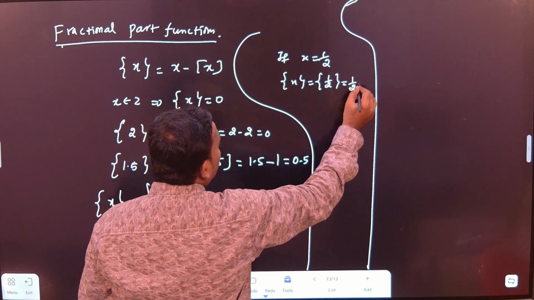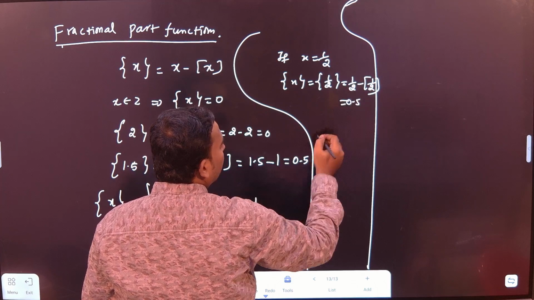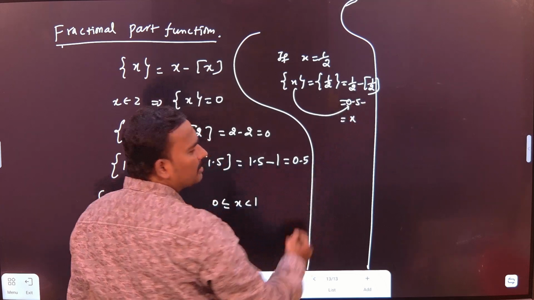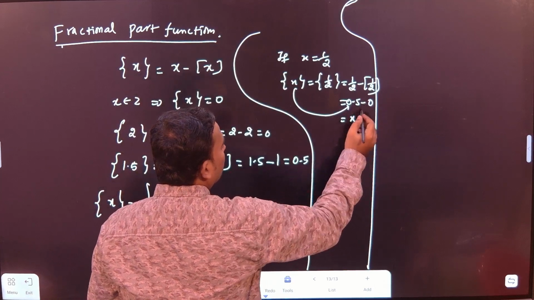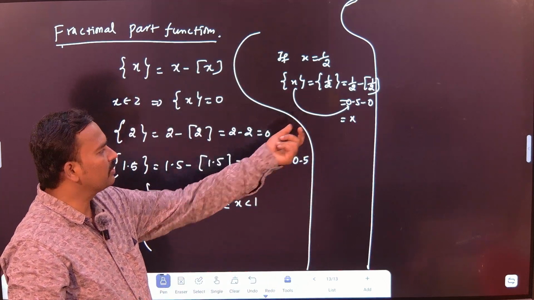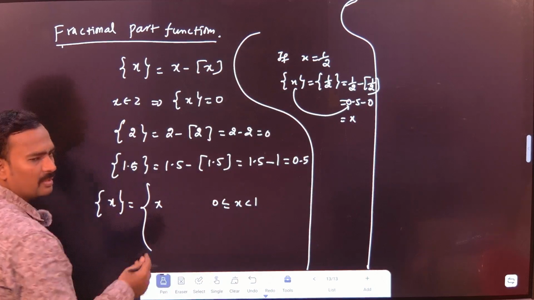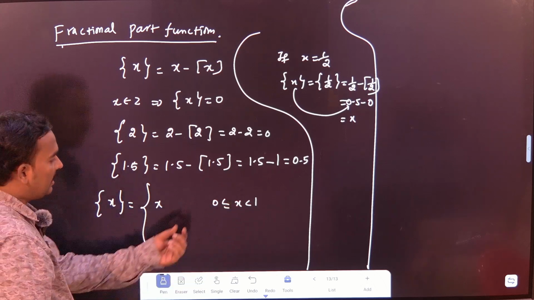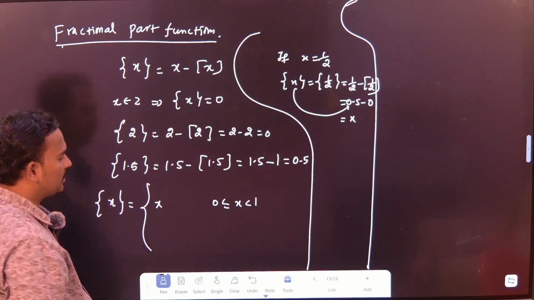It is 1 by 2 minus the greatest integer function of 1 by 2. 1 by 2 is 0.5, that is your x here, and the greatest integer function of 0.5 is 0. Therefore you get the same value. So when you take x from 0 to 1, the fractional part function of that will be the same x value.